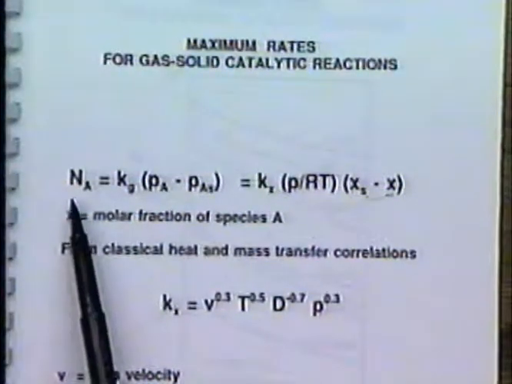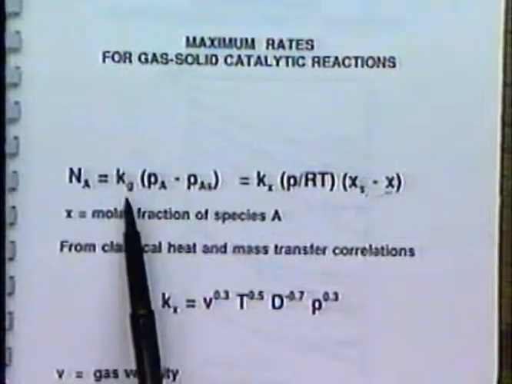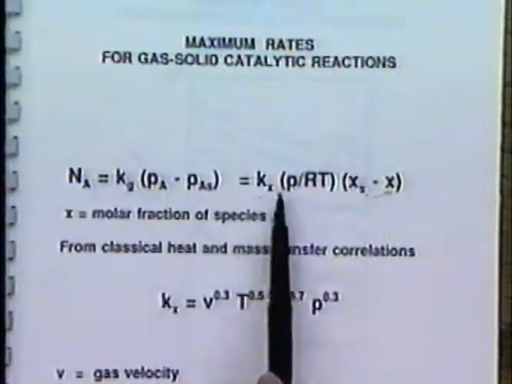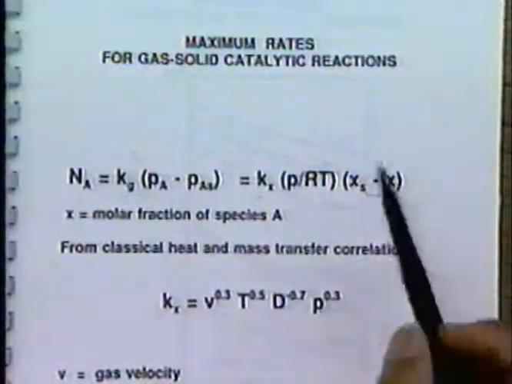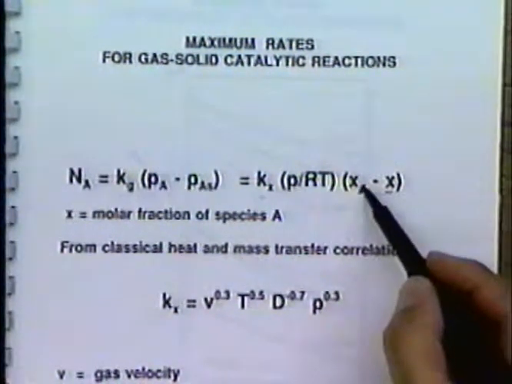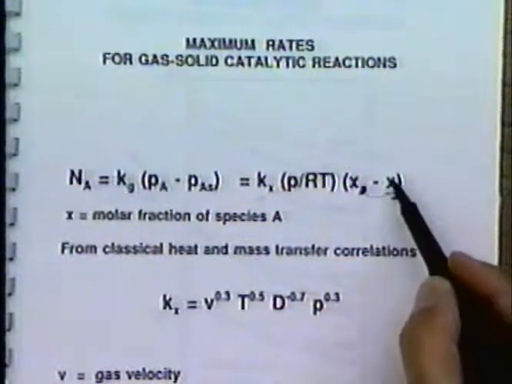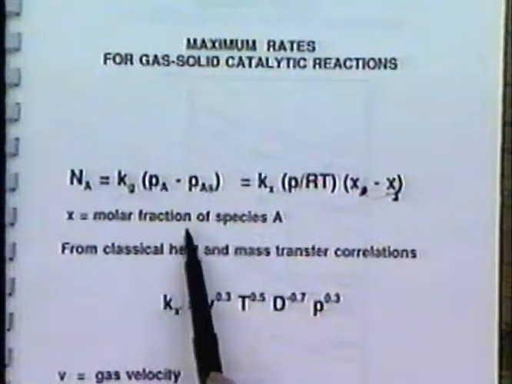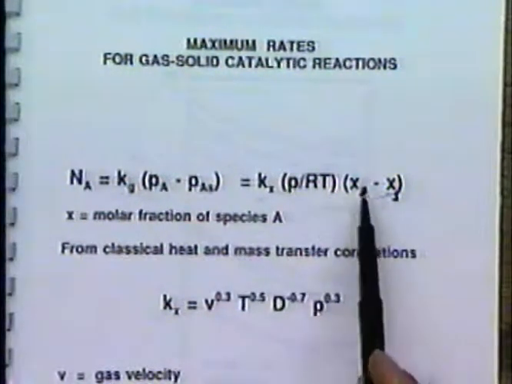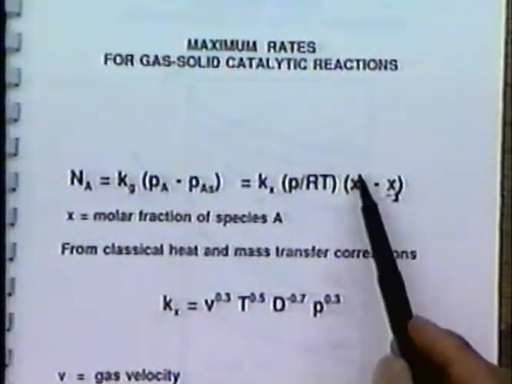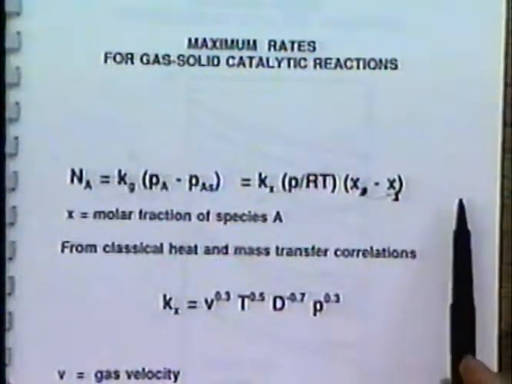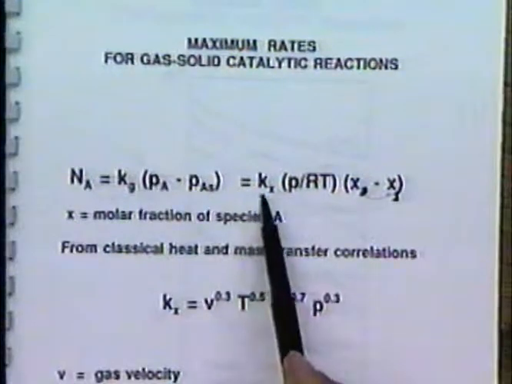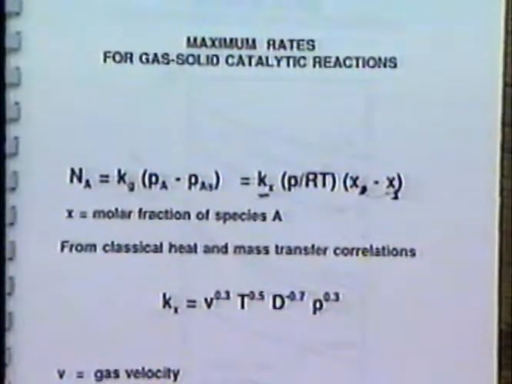And in order to look at this, let me write the rate of transport as Kx times P over RT times x, this S should be here. This is the surface. The x is the molar fraction of species A, and the driving force will be the molar fraction in the main gas flow minus the molar fraction on the surface, times a diffusion coefficient, which will be here.